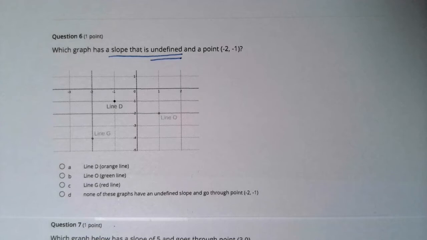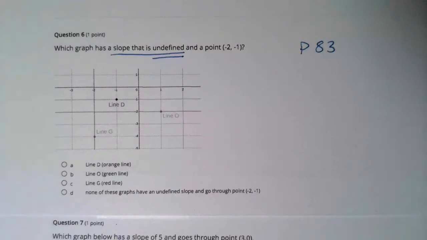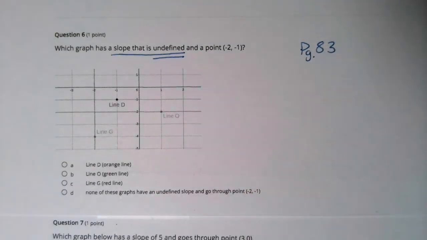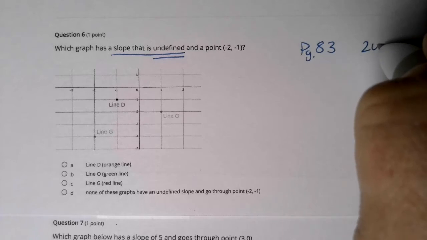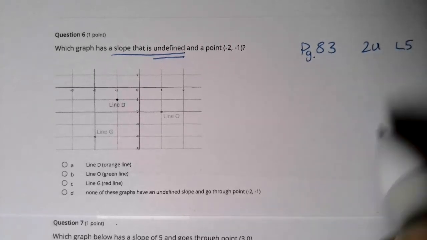And if you're not sure which, you can look at page 83 in your portfolio. That's where we took notes on that. 81, 82, 83, and 84 is lesson 5, unit 2, lesson 5.